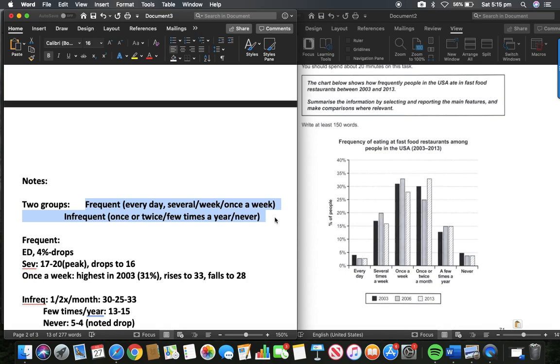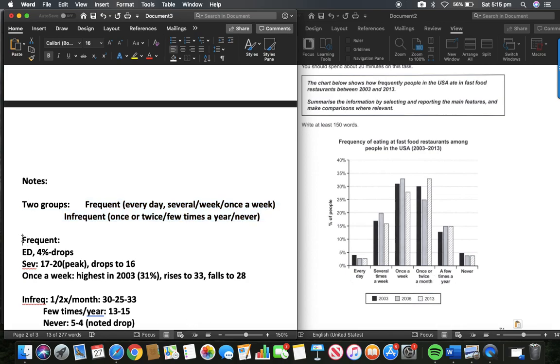So once a month became sort of my bar for saying infrequent. And just please remember that. Any of these writing tasks, you have to analyze it based on your knowledge. That's really going to help you organize. So please, I hope you're not just studying English, but you're learning more about the world. You're learning more about what's happening. That's going to make this a lot easier.